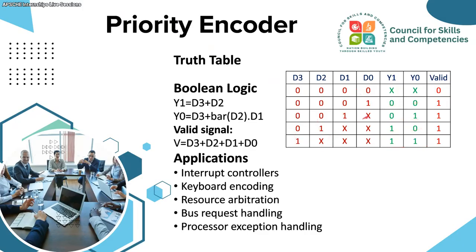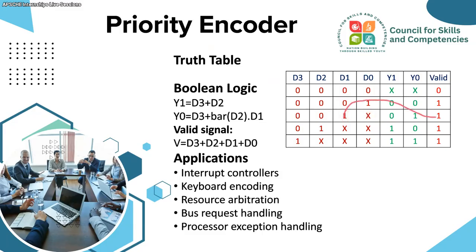This is where the normal encoder works, and we put 0 over here. But here, try to understand this. If this is the case, it is 1. But if D1 is 1, whether the other is 1 or 0 is not a problem.